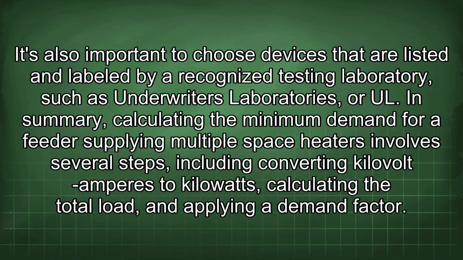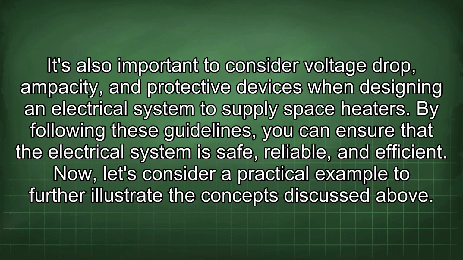In summary, calculating the minimum demand for a feeder supplying multiple space heaters involves several steps, including converting kilovolt-amperes to kilowatts, calculating the total load, and applying a demand factor. It's also important to consider voltage drop, ampacity, and protective devices when designing an electrical system to supply space heaters. By following these guidelines, you can ensure that the electrical system is safe, reliable, and efficient.